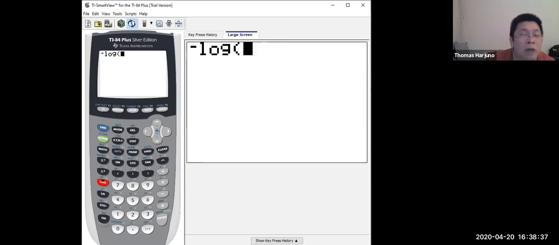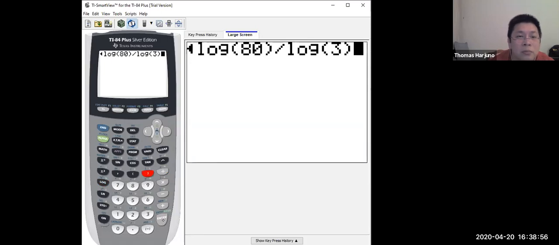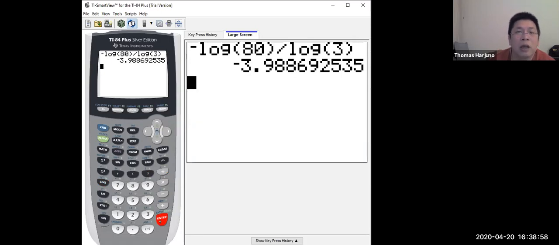Now notice that we have parentheses right away. 80. Now close the parentheses. You need to close the parentheses. And then divide it by log 3. I get negative 3.98869.